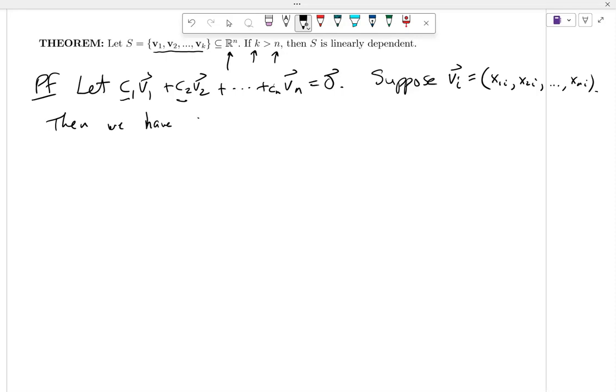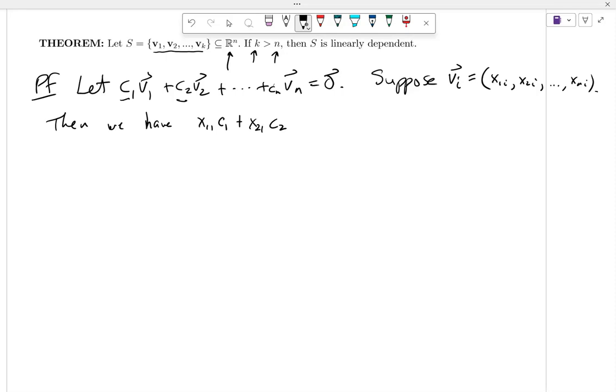So then we have to have, what do we have? We have x11 c1, plus, what's going to be the c2? And the way I've got this labeled, I think I should have labeled it the other way around, but that's okay. The next one's going to be x21.